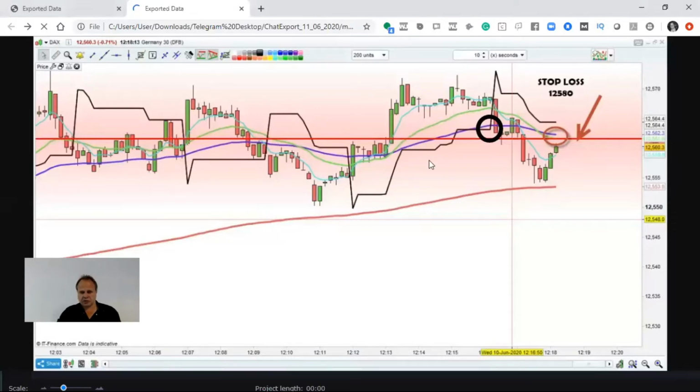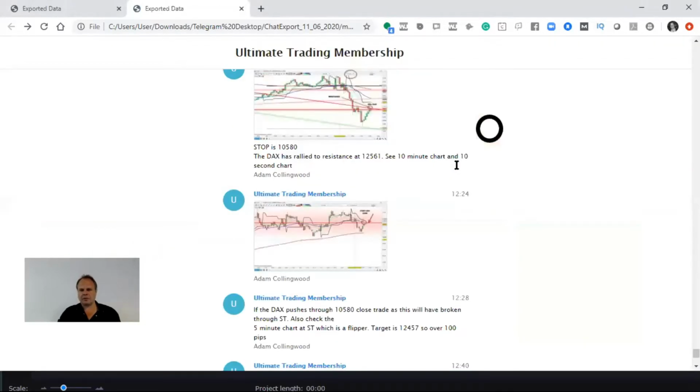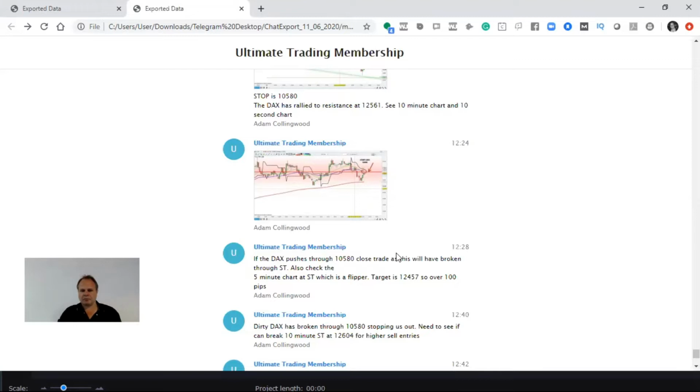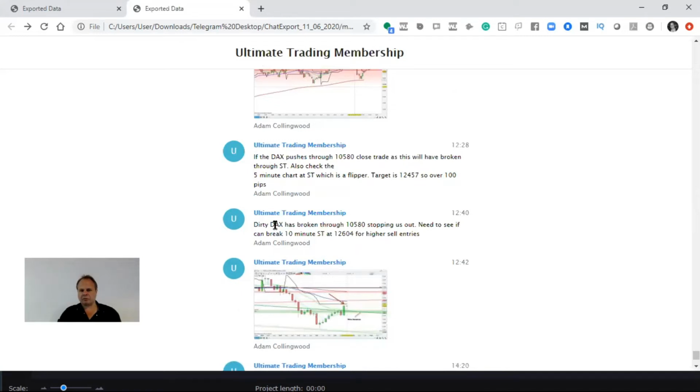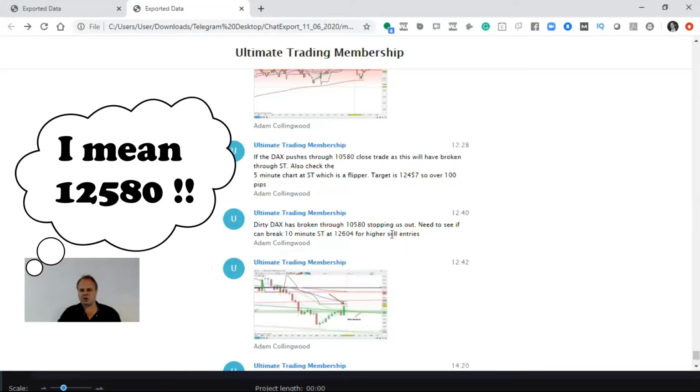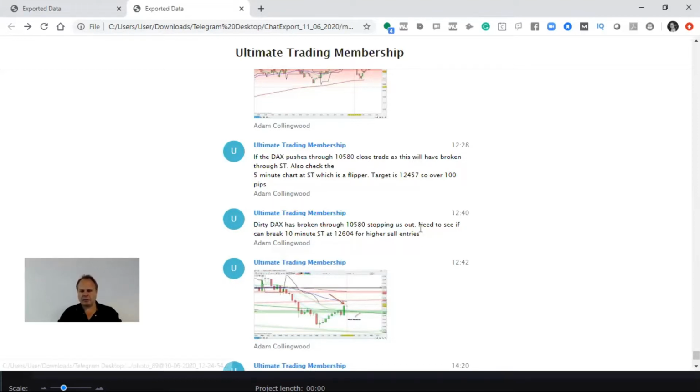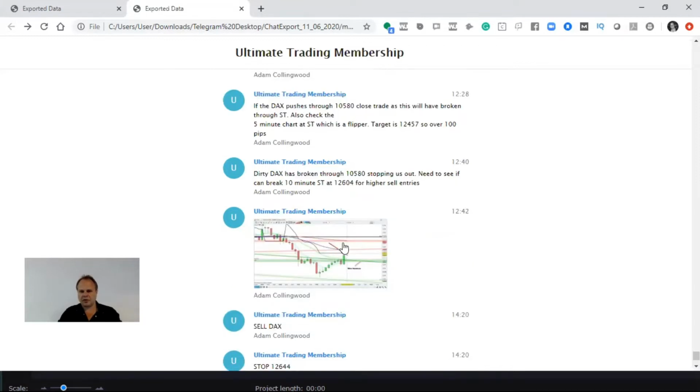Let's just see what happened. At 12:40, unfortunately, the DAX broke through 12,580, stopping us out. In that case, we lost 18 pips. Let's look at the chart of that.